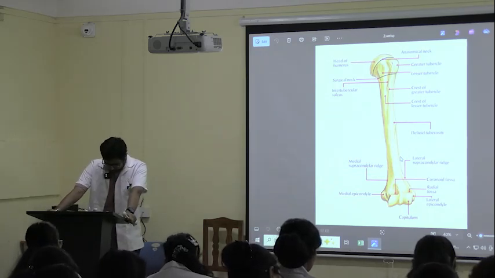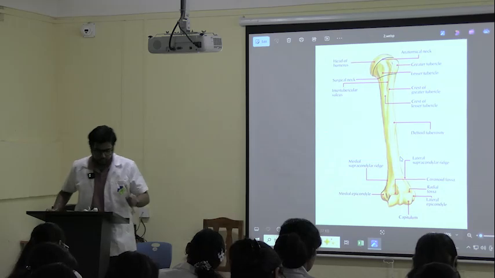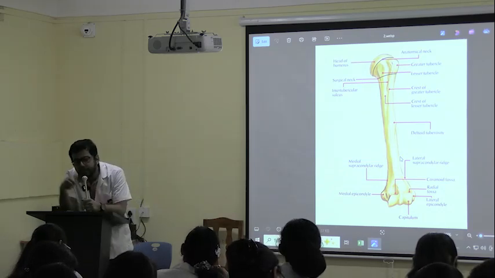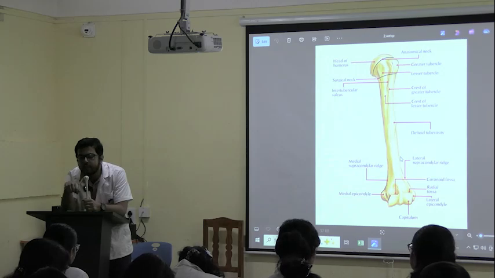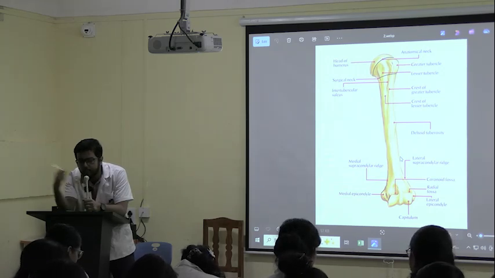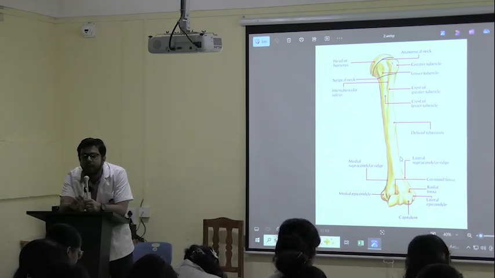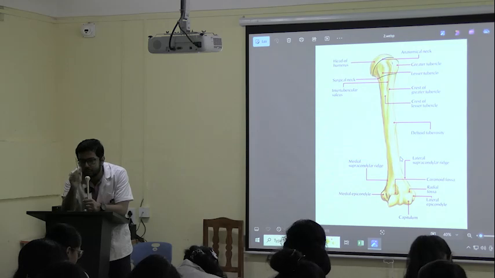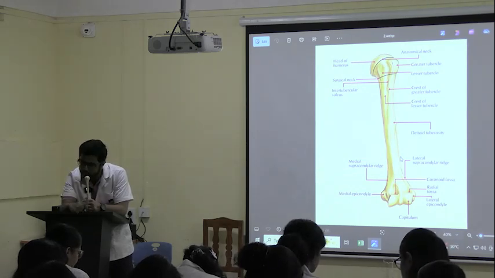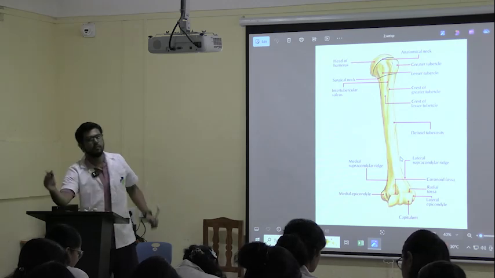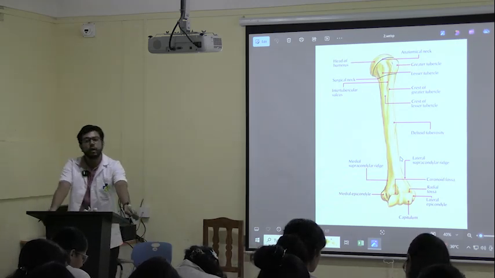So the greater tuberosity will be directed laterally. If this is the right humerus, the greater tuberosity will be directed laterally, and the lesser tuberosity will be facing forward, anteriorly. Write it down. Are you writing it down?